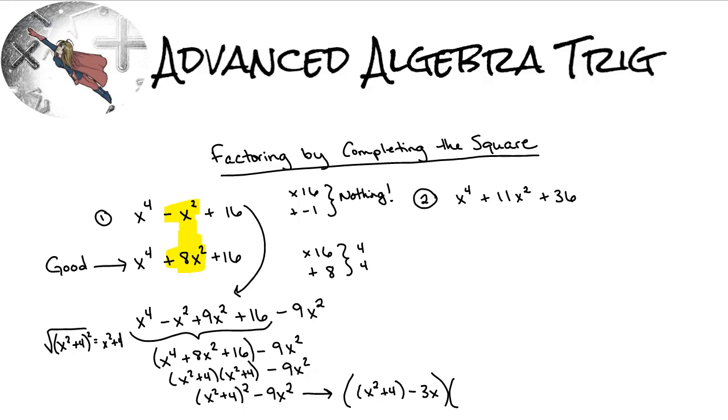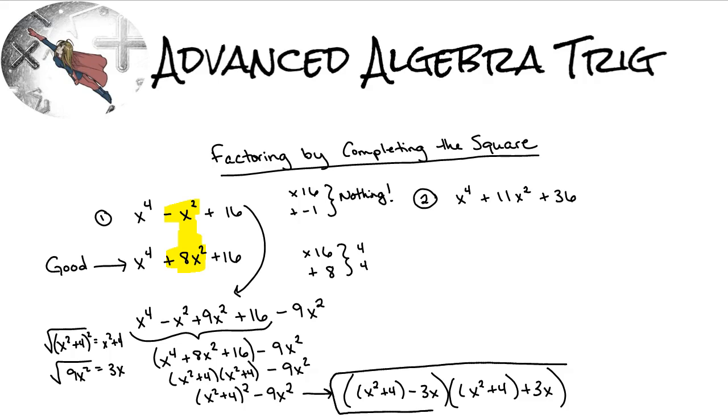That's where I'm getting that. And then the square root of 9x squared is 3x. So that's where I'm getting that. And then in my second factor, I have x squared plus 4 plus 3x. And then you're done. You can just circle that.